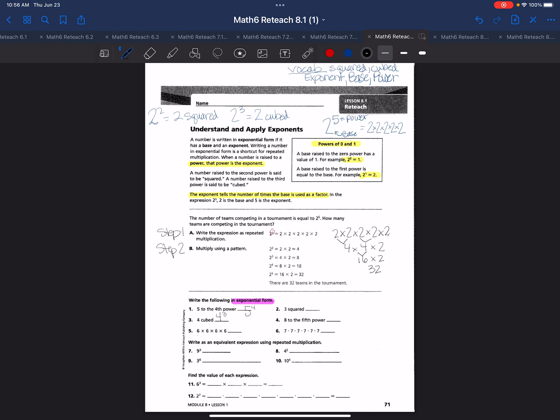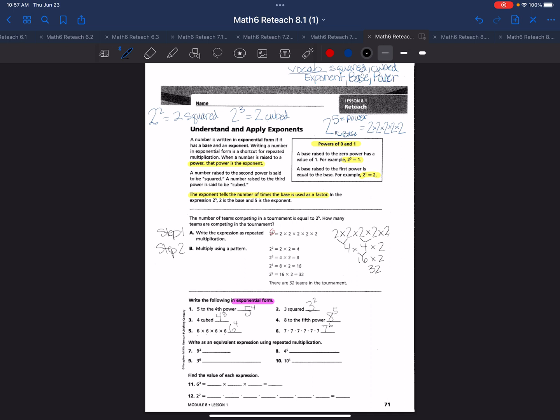So that's 1, 2, 3, 4. So that's 6 to the 4th power. Then we have 3 squared, that is 3 to the 2nd power. And then we have 8 to the 5th power. And then 7 times 7 times 7 times 7 times 7 times 7. So there are 6 sevens there. So that would be 7 to the 6th power.